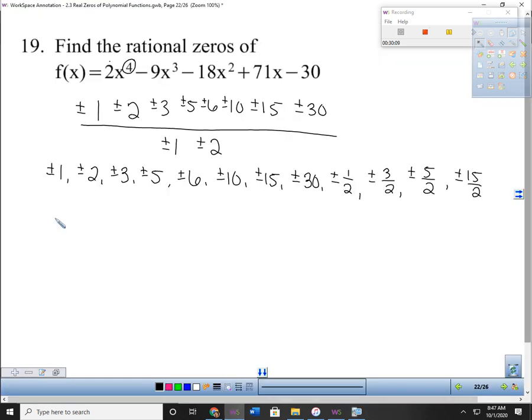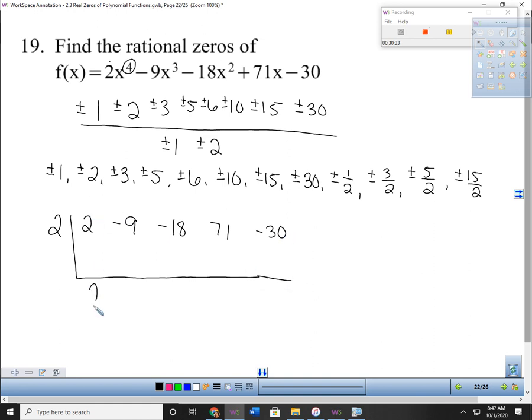So I've got 2. And I'm starting with x to the 4th, so you don't want to miss anything after that. So I've got a 2x to the 4th, then a negative 9, x to the 3rd, a negative 18x squared, a 71x, and a negative 30.